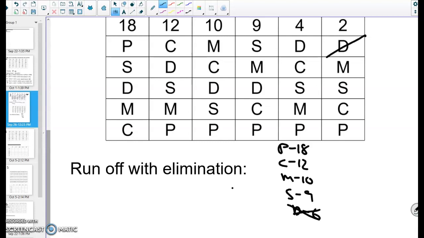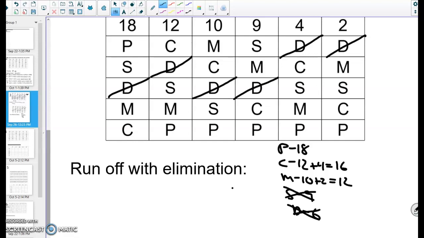So runoff with elimination, we're doing one at a time. I get rid of all the D's. Now, these 4 votes go to C. These 2 votes go to M, and we do need to reevaluate. That's now 16, that's 12.